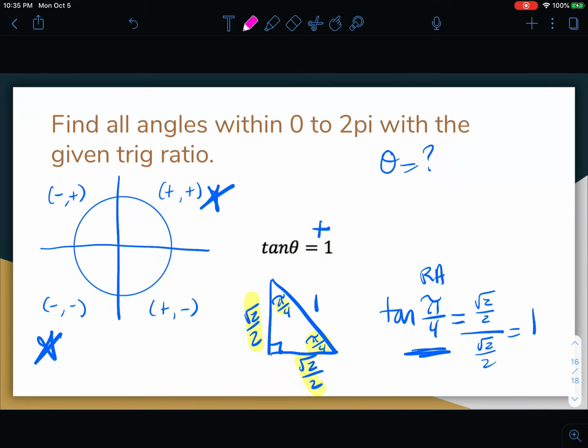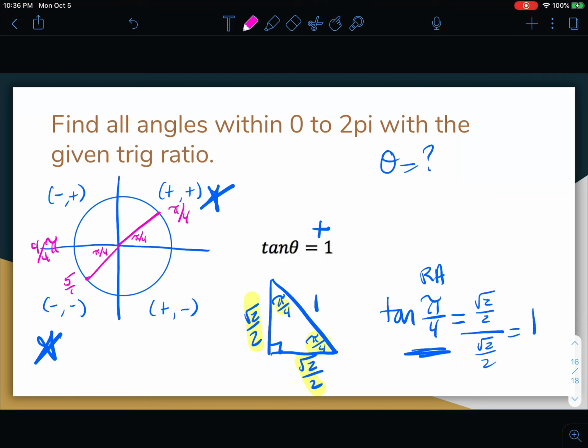All right, now let's draw in the real values for theta. Right here, this would be the reference angle pi over 4, that little bit. And over here, this would have a reference angle of pi over 4. So what are these angle measures? This one actually is pi over 4 radians.